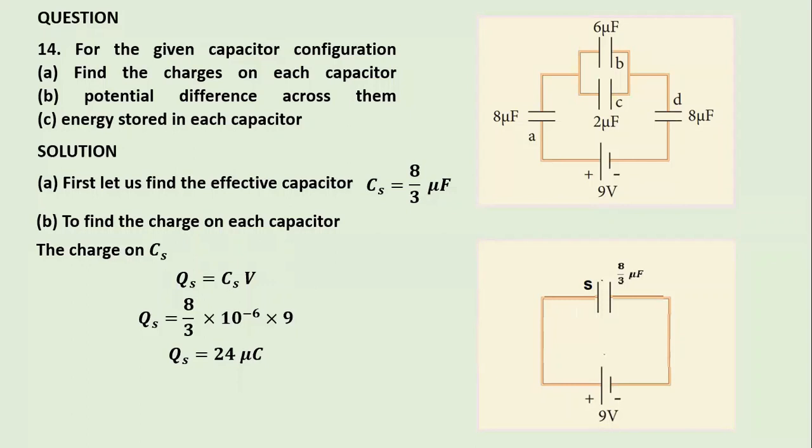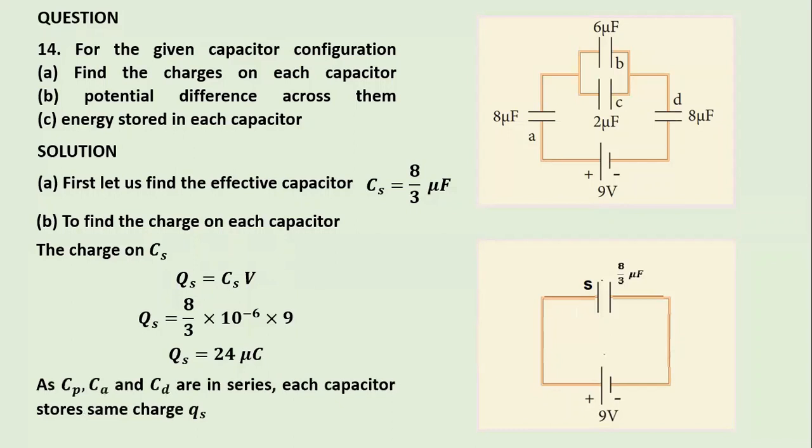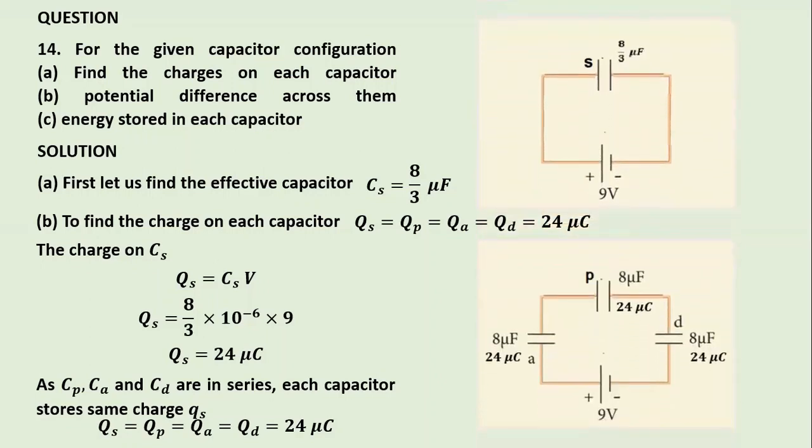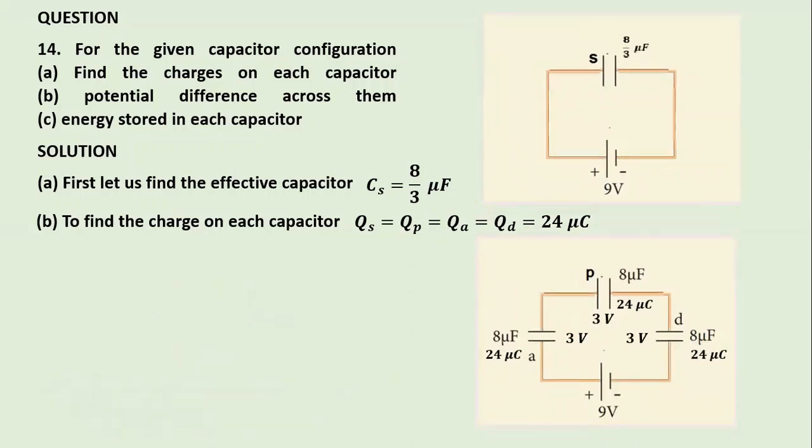That is, capacitors A and D take the same charge, 24 microcoulomb. As CP, CA and CD are in series, each capacitor stores the same charge Qs. So Qs equals QP equals QA equals QD equals 24 microcoulomb. We have written this 24 microcoulomb on each of the capacitors A, P and D.